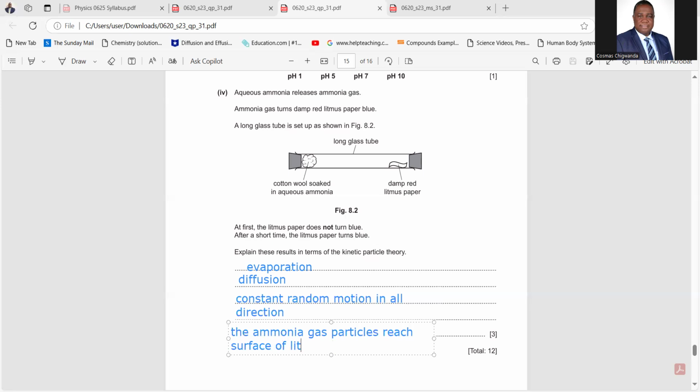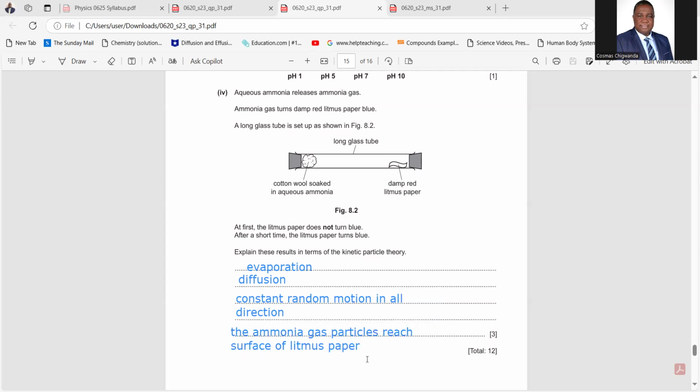They reach the surface of litmus paper. Okay, so we have actually outlined the keywords here, and take note, what we are going to also consider is the fact that we can also have alternative wording, okay? When we say alternative wording, we are saying you can write it in different ways, but this is the marking guide or the key points that you are supposed to write down.